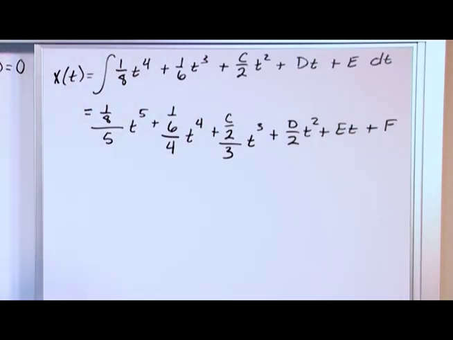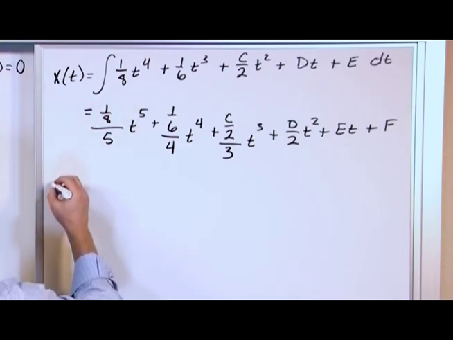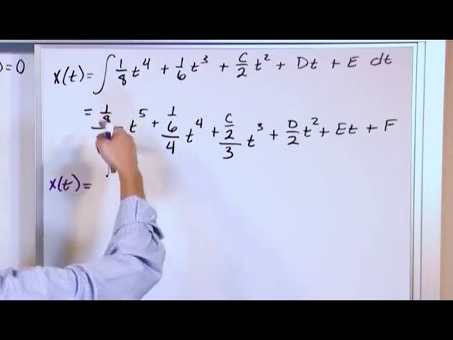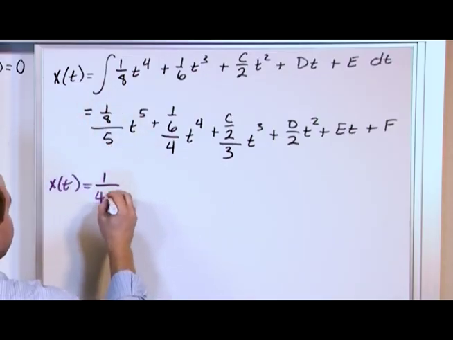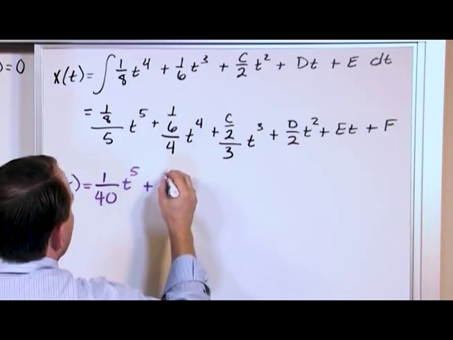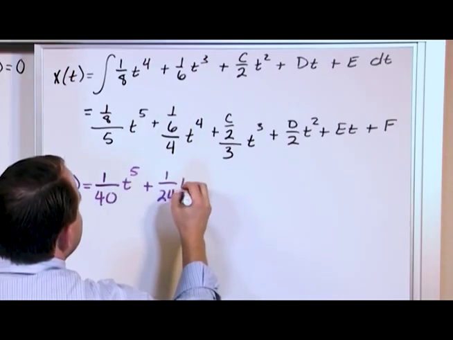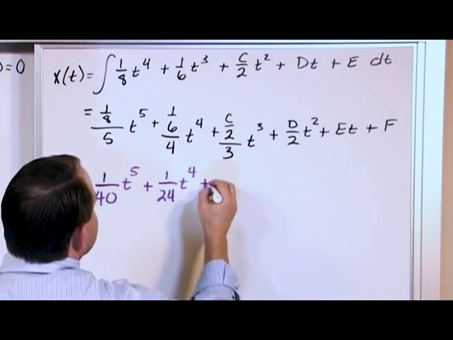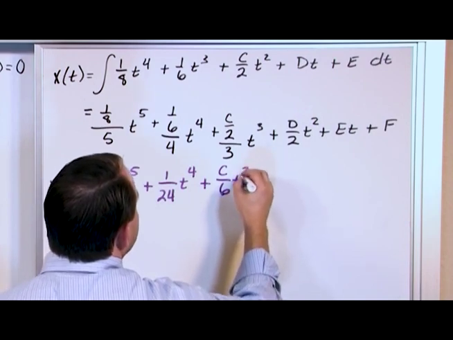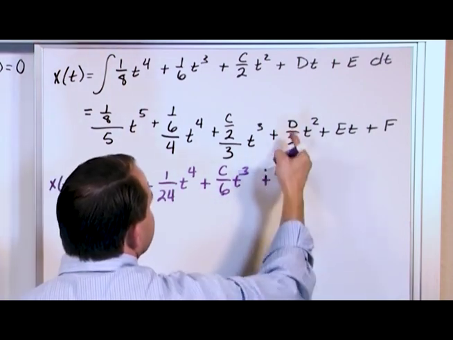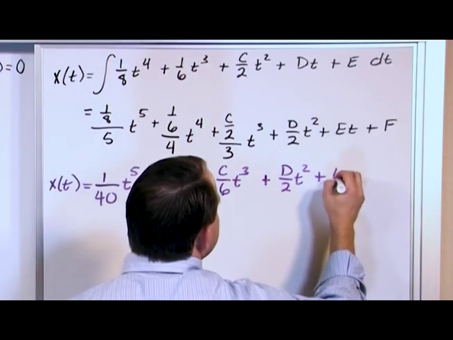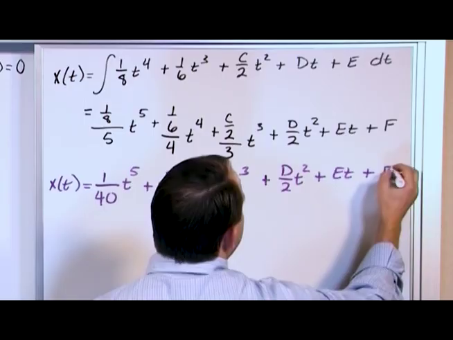Now I'm fully aware that this does not look very pretty, so I'm going to tidy it up. So we'll have x of t equal to, when we flip it over and multiply, 1 over 40 t to the 5th power plus 1 over 24 t to the 4th power plus c over 6 t to the 3rd power plus d over 2 t squared plus e times t plus f.